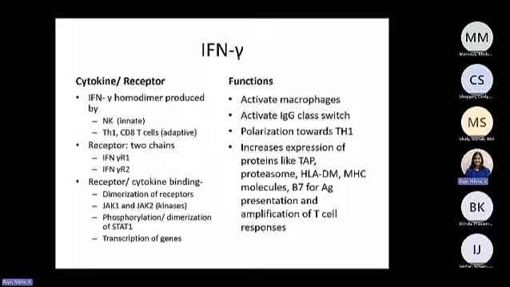So the proteins that are important, the transcription of proteins that occurs, include some of the things that help with antigen presentation, such as TAP, proteasome, HLA-DM, MHC molecules, and second signal proteins such as B7-1, B7-2, and all of these proteins are going to help in those functions of interferon gamma.